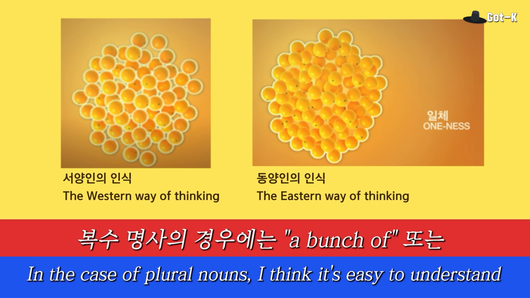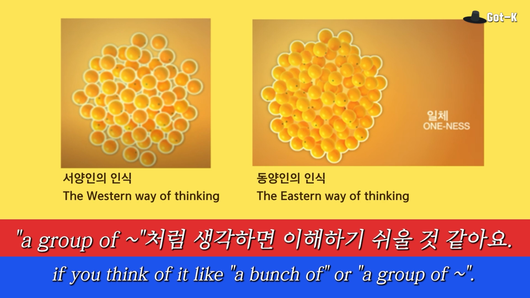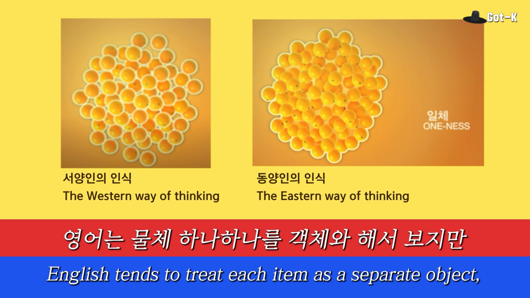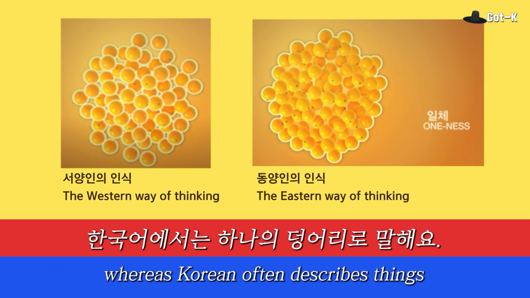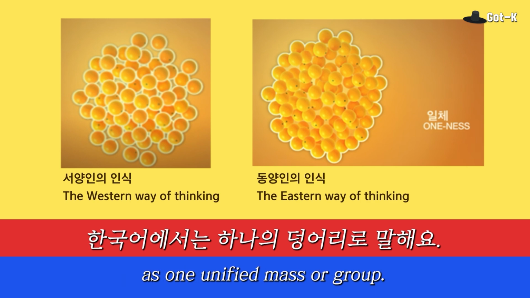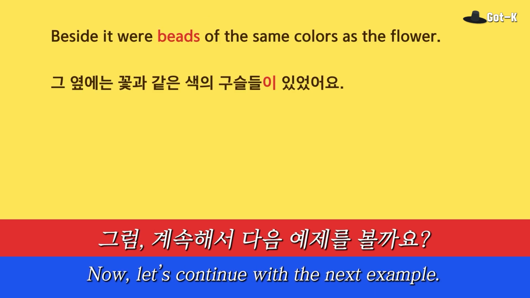In the case of plural nouns, I think it's easy to understand if you think of it like a bunch of or a group of. English tends to treat each item as a separate object, whereas Korean often describes things as one unified mass or group. Now, let's continue with the next example.